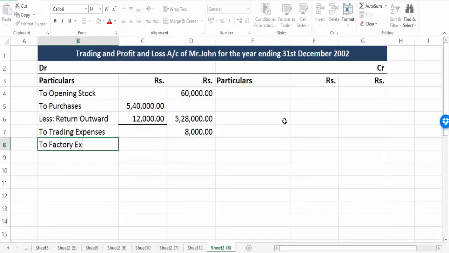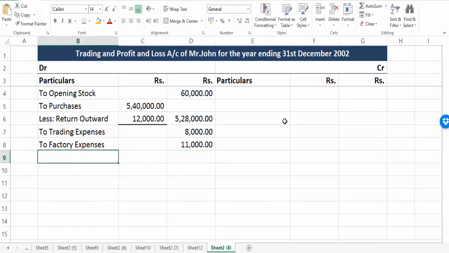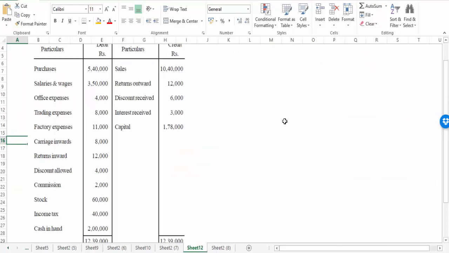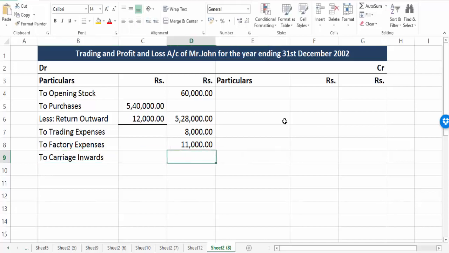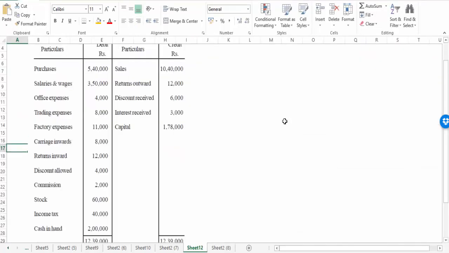To factory expenses 11,000. Then we have carriage inwards of 8,000. So to carriage inwards of 8,000. Then we have returns inward. This is linked with sales. So we'll take care of it when we pick up sales. So we don't have other items related to trading.